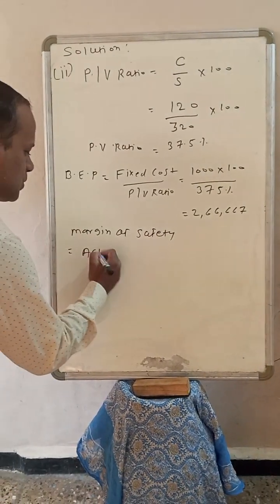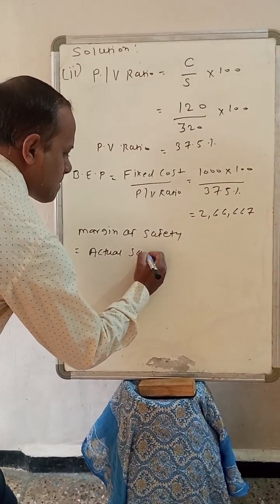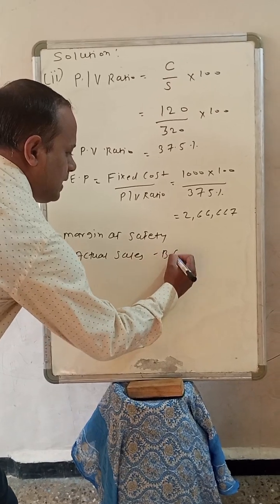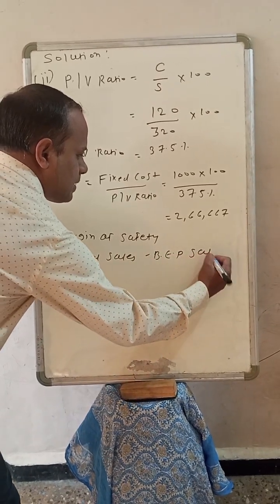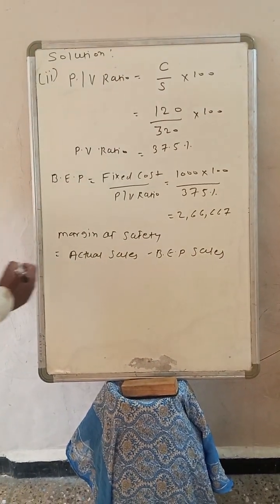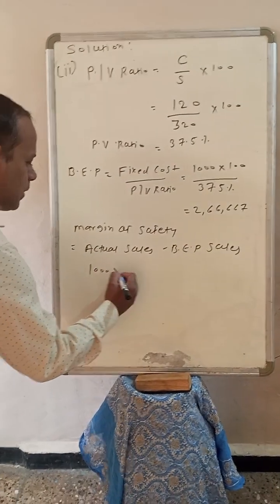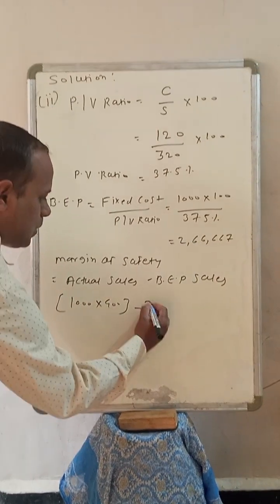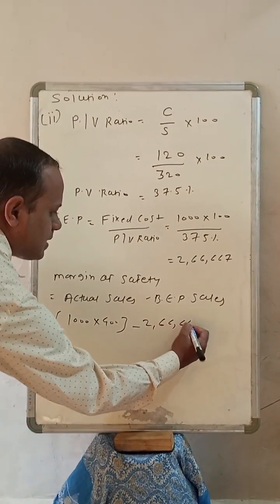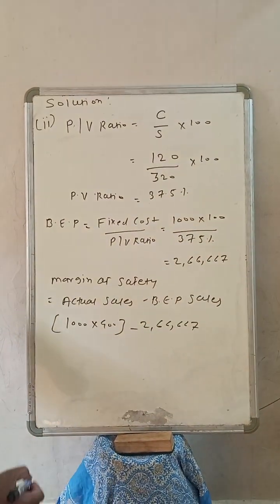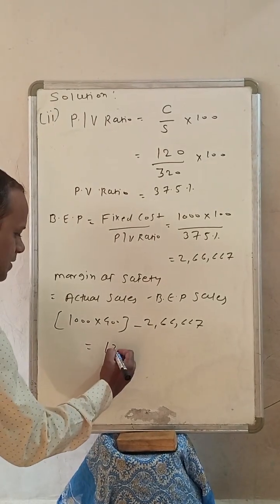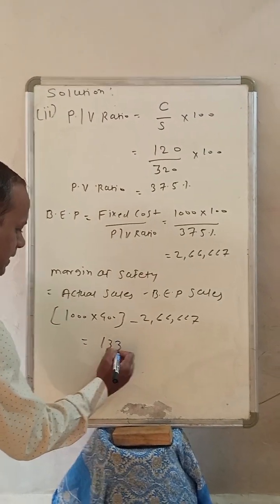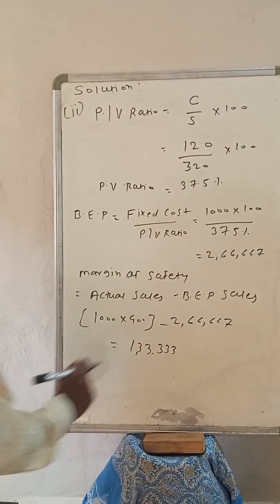Same, actual sale minus BEP sales. Your actual sale is 1000 calculators into 400 minus 2,66,667. So margin of safety is 1,33,333 rupees.